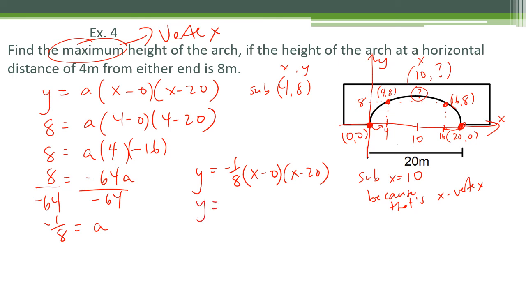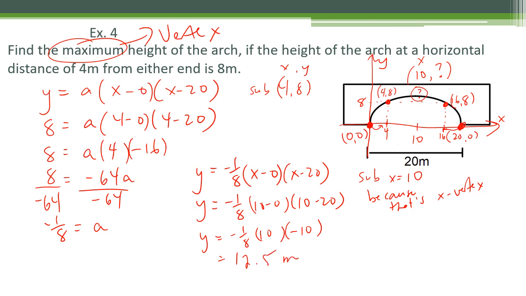So y, because that's what we're looking for, equals negative 1/8. Put 10 in. 10 minus 0 is 10. 10 minus 20 is negative 10. Negative 100 times negative 1/8 ends up being 12.5, in this case, meters.